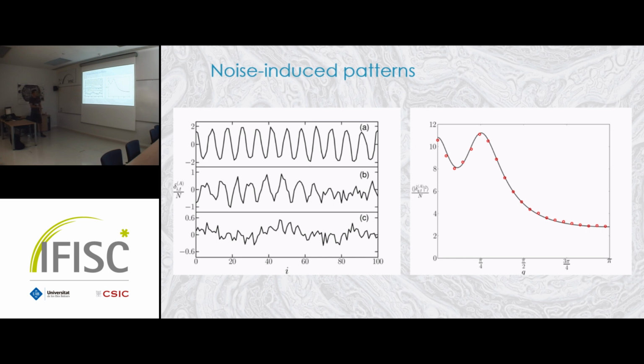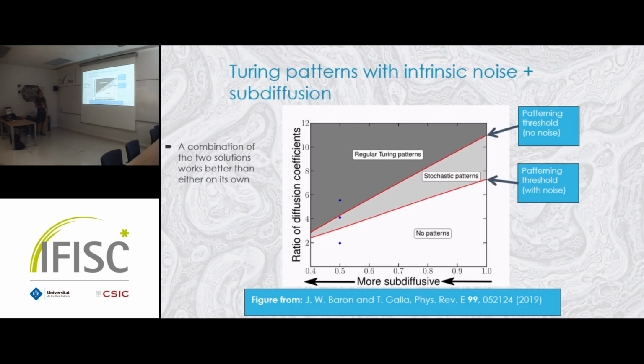If we can produce this line with our theory, we can analyse for what sets of parameters we get these noise-induced patterns, and produce a kind of phase diagram. On the x-axis I have the degree to which the dynamics is subdiffusive, and on the y-axis the ratio of the diffusion coefficients required for the patterns to form.